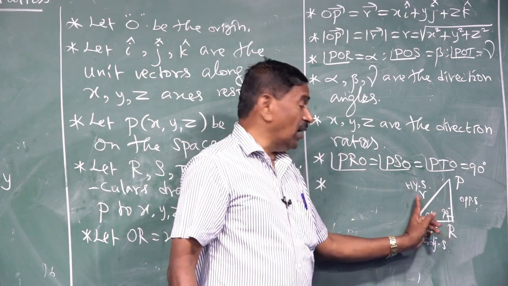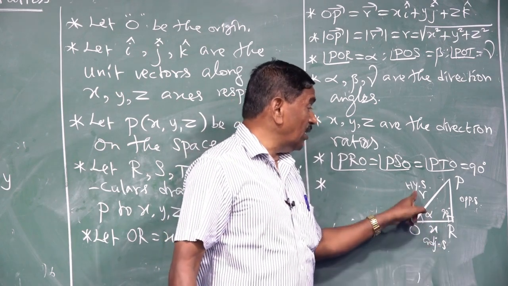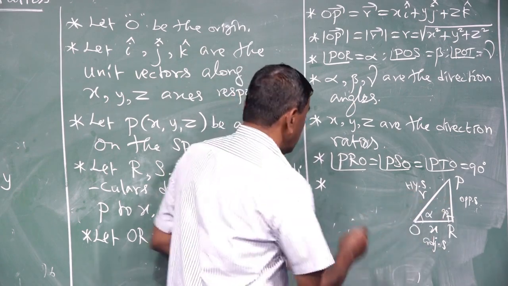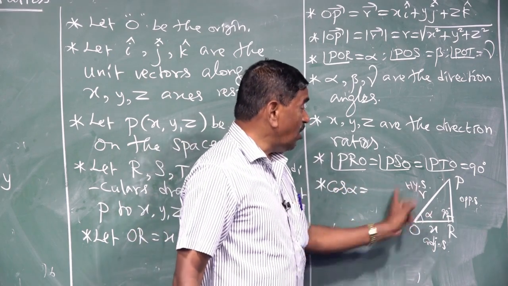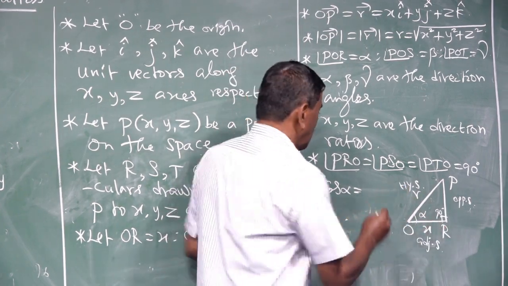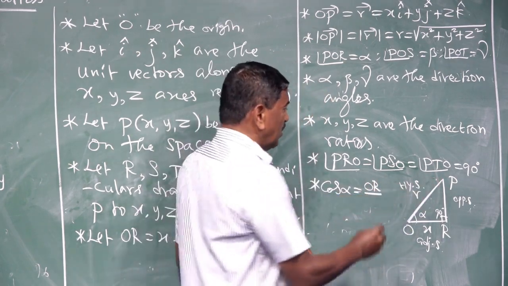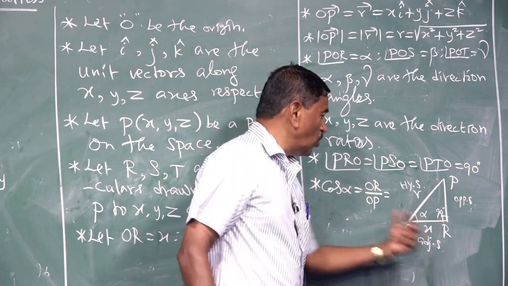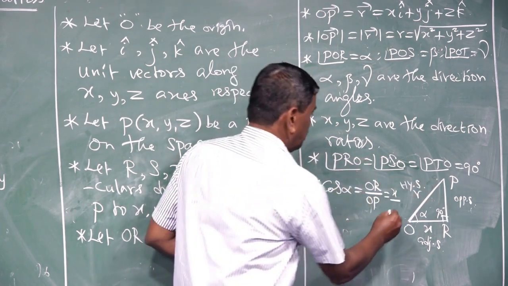Here the adjacent side and hypotenuse are known. Can you tell me which ratio connects the adjacent side and hypotenuse? Very good, cos. Here the angle is alpha, so cos alpha is equal to adjacent side by hypotenuse, which is OR divided by OP. OR is equal to X, and OP is equal to r.